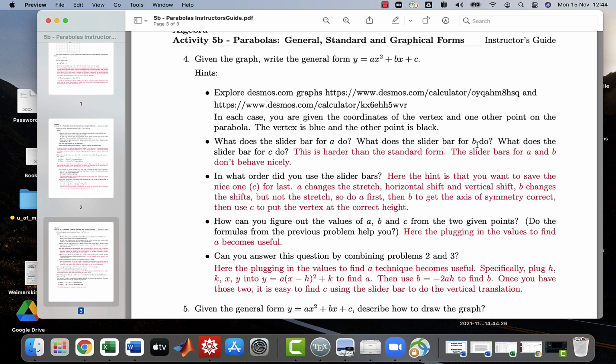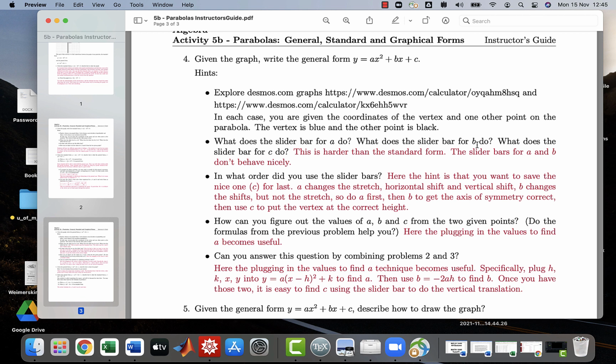There is kind of a big lesson in here about how you can efficiently do this, and this is kind of a hard lesson to teach. I'm not sure I want to tackle it with this group of students, but they'll realize that the slider bar for C is just moving the parabola up and down. And so the tendency is, let me fix that and then try to figure out A and B. Whereas in problem solving, you really want to do the opposite.